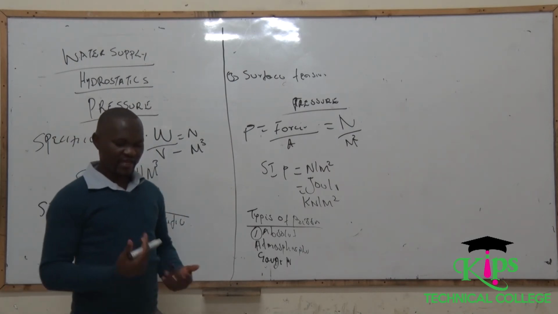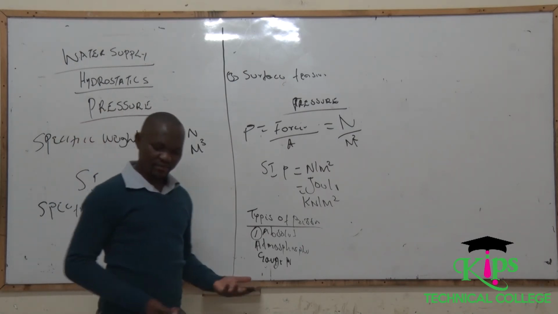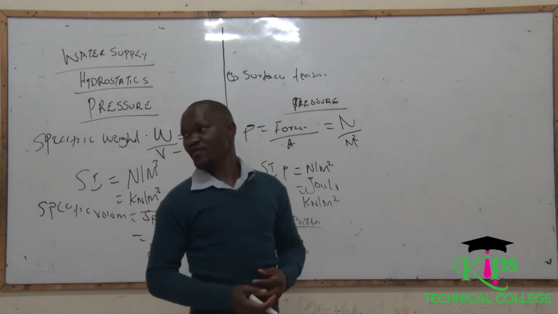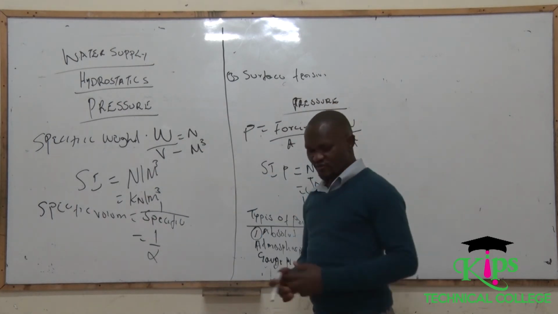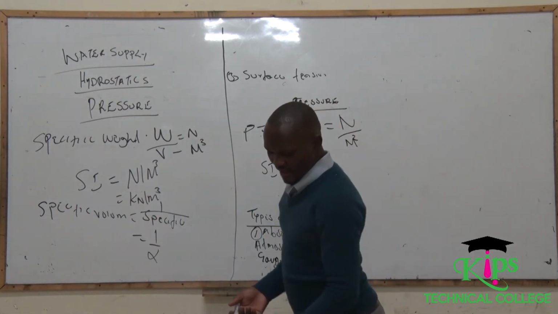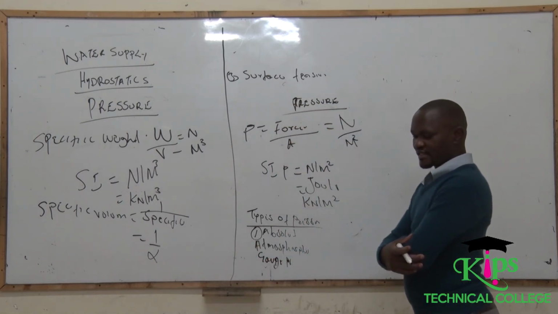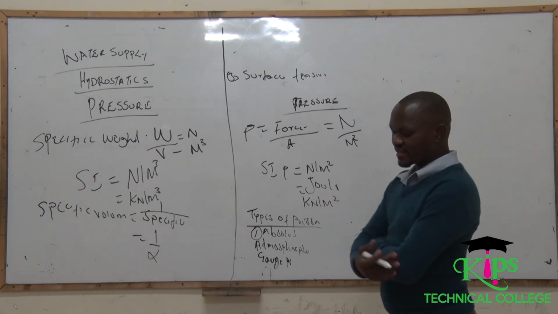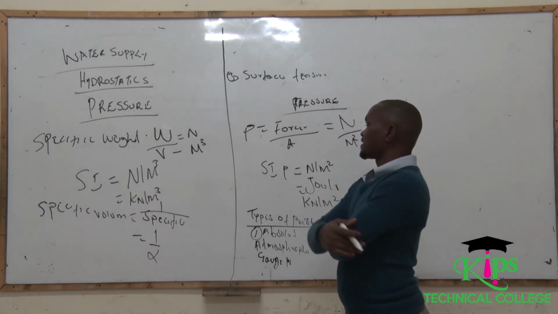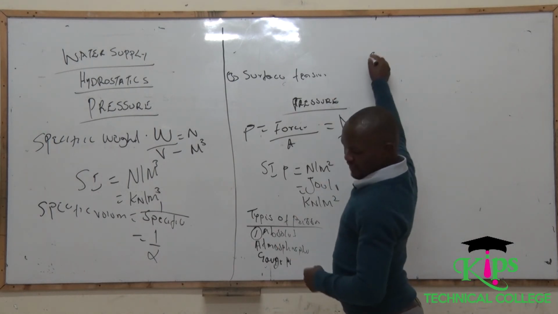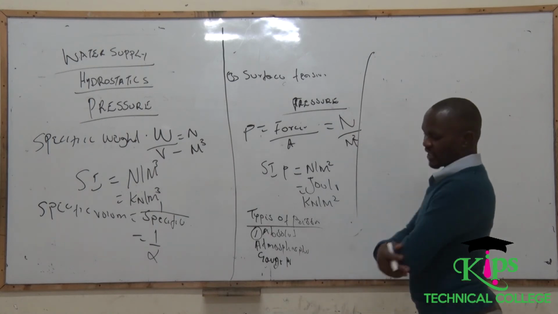Gauge pressure is the pressure above the atmospheric pressure. Absolute pressure is the pressure taken below the datum of an object.